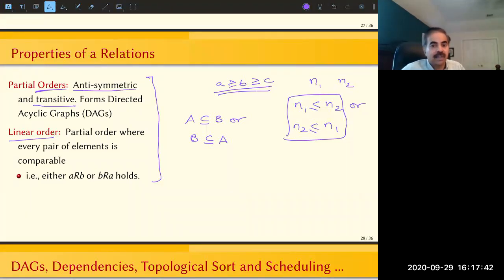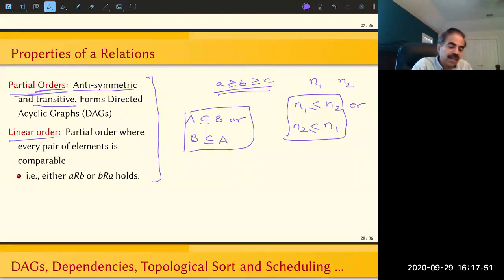Or they may have a common intersection, but then they may have different elements after that. So subset is an example of a partial order that's not a linear order. Whereas greater than or equal to on integers or real numbers are linear orders. So every linear order is also a partial order, but some partial orders are not linear orders.